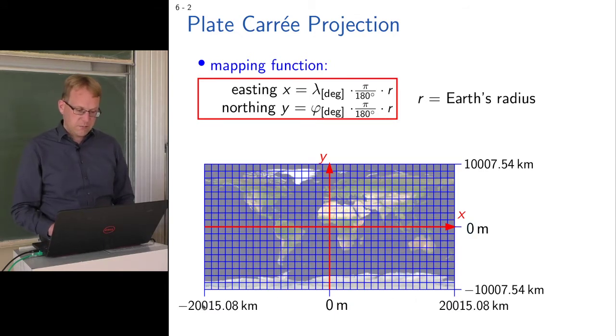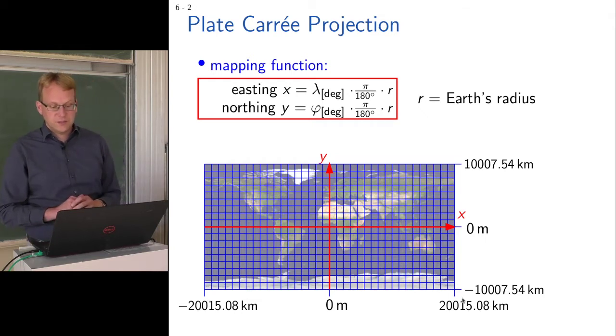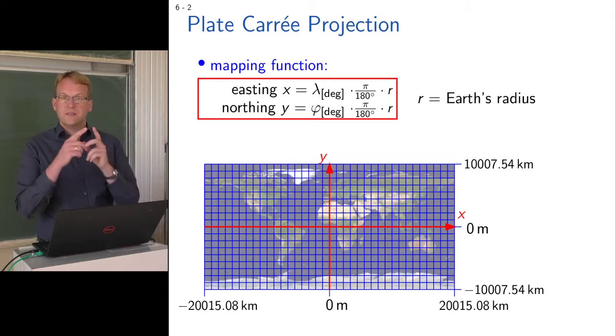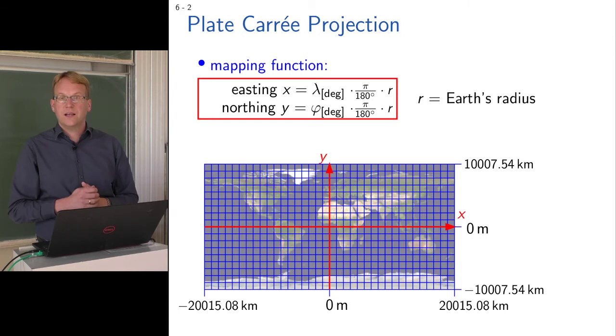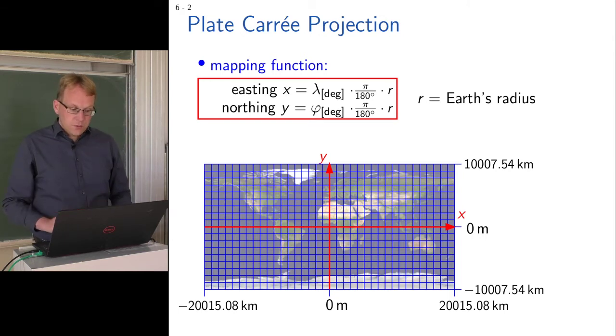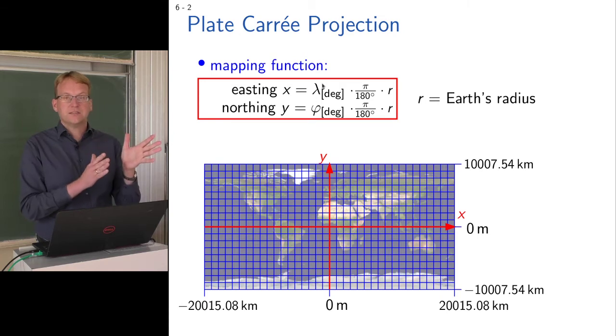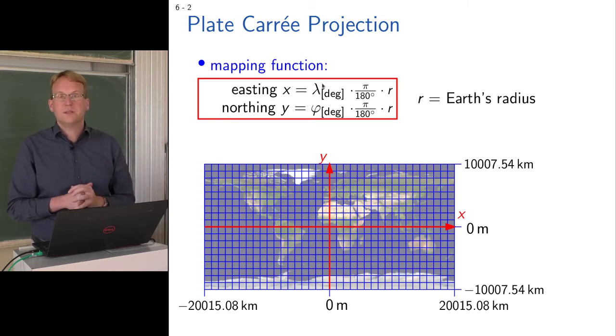So we have now minus 20,000 kilometers here and plus 20,000 kilometers there. And in total it's 40,000 kilometers, which is roughly the perimeter of the Earth at its equator. So what we have then is a very simple mapping function, mapping phi lambda to xy, and that is why I was saying that this is the most basic mapping function that exists. That is this Plate-Carré projection.